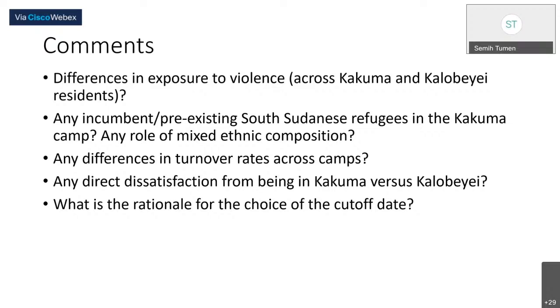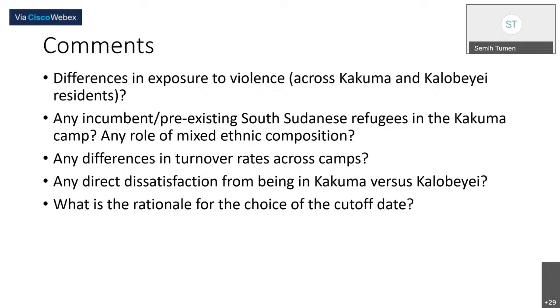I don't know. You may want to explore the potential impact of exposure to violence. Are there any incumbent or pre-existing South Sudanese refugees in the Kakuma camp? Is there any role of mixed ethnic composition in Kakuma versus the Kalobeyei camps? Are there any differences in turnover rates across camps? These are mostly questions and minor comments.